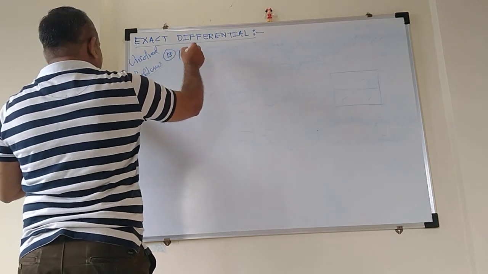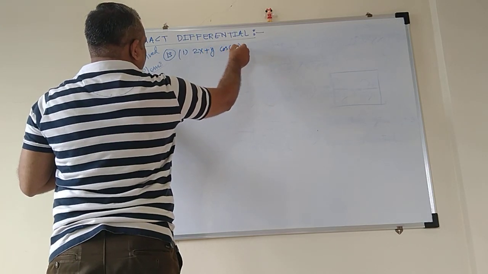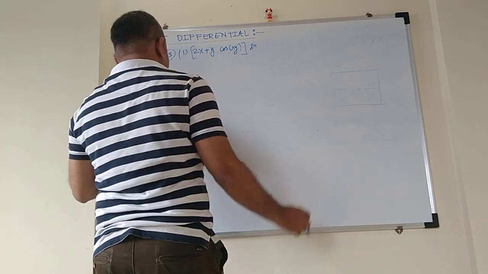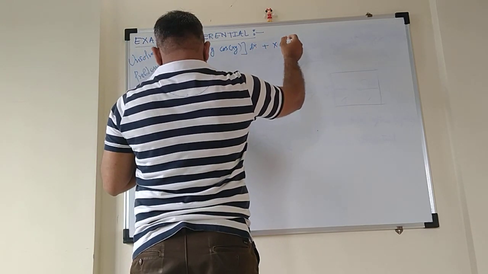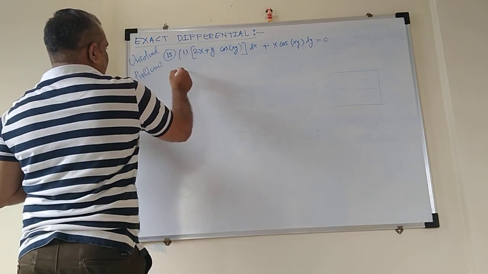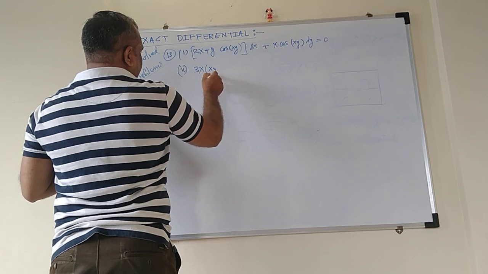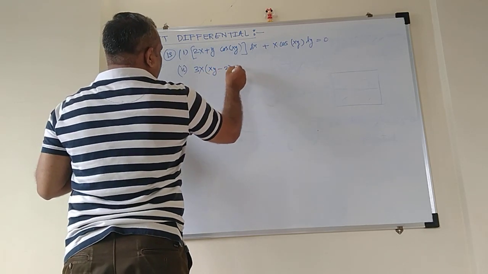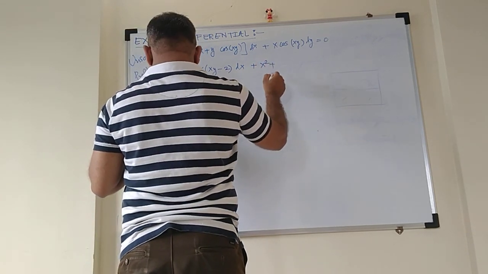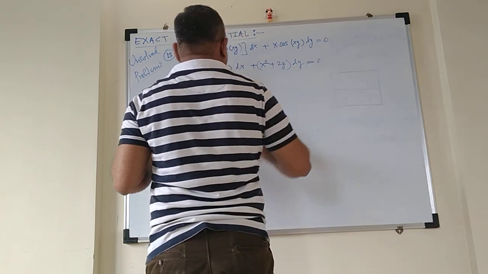The first is (2x + y cos(xy)) dx + x cos(xy) dy = 0. The second is 3x(xy - 2) dx + (x² + 2y) dy = 0.